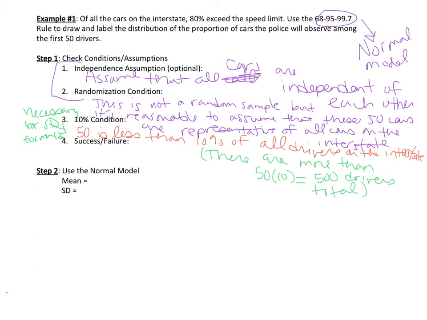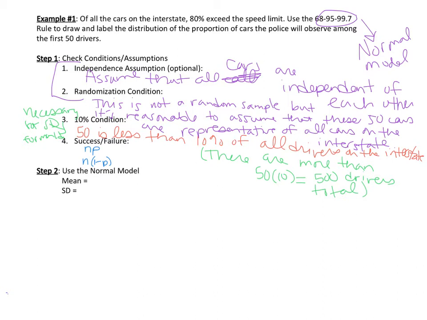Okay, the last condition, and you're going to use this for every single thing where you have a proportion, is called the success-failure condition. It's listed as np and n times 1 minus p. Both of these must be greater than or equal to 10.